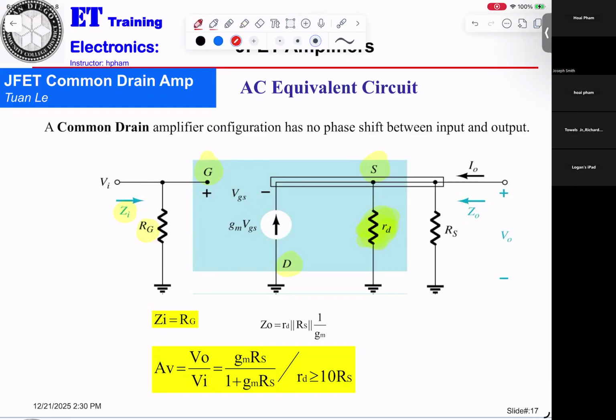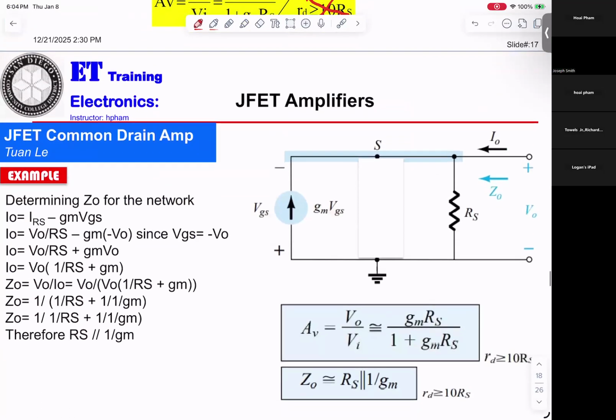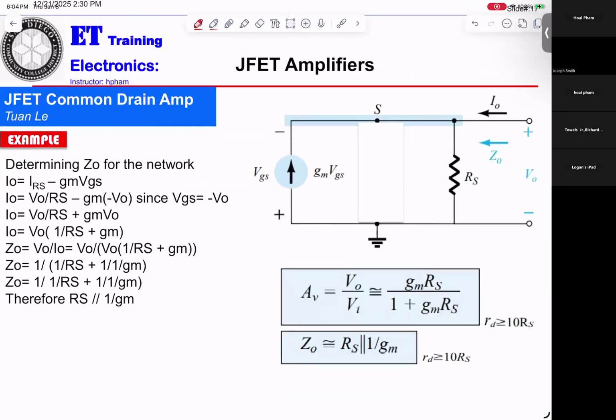Again, they're telling you they don't care about this internal resistor. Okay? And this is a common drain example.